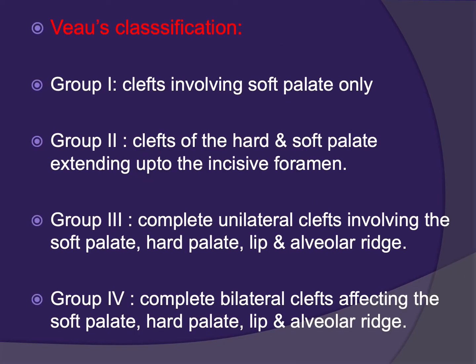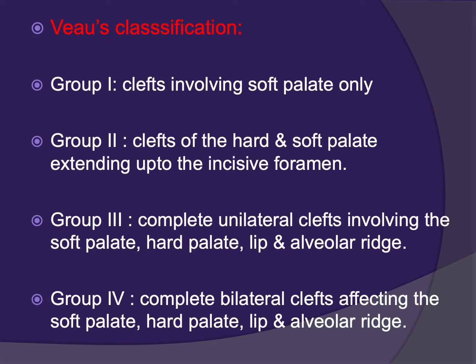The next one is Veau's classification. This classification was invented in 1931. He has classified the cleft into four groups. Group 1, clefts involving the soft palate only. Group 2, clefts of the hard and soft palate extending up to the incisive foramen.